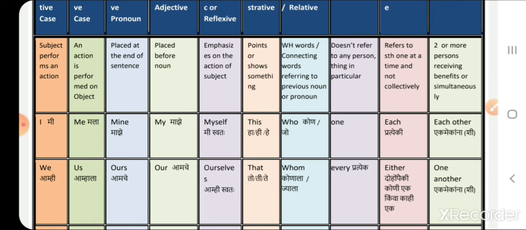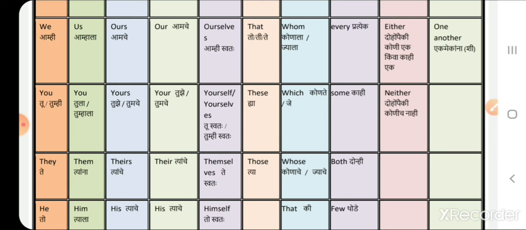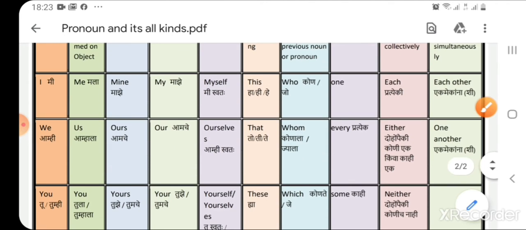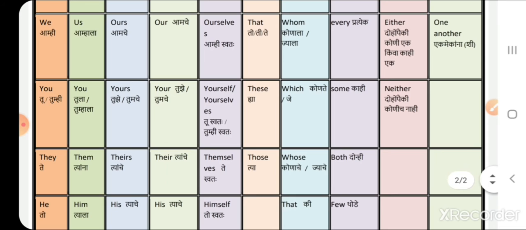We are going to focus on the first meaning of it. Who means कोण, whom means कोणाला, then which कोणते, whose कोणाचे, that की. Here that is not applicable. In interrogative pronoun there are only who, whom, which and whose.